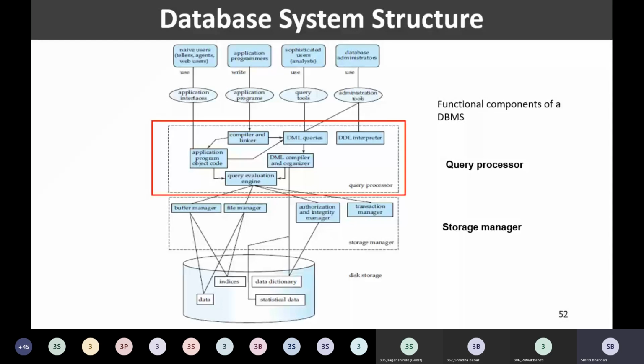We are using some constructs from the language to provide the statement. But to understand that statement, the database system needs to convert that SQL statement into some low level construct.